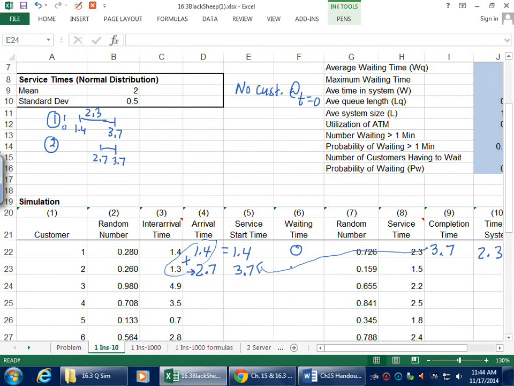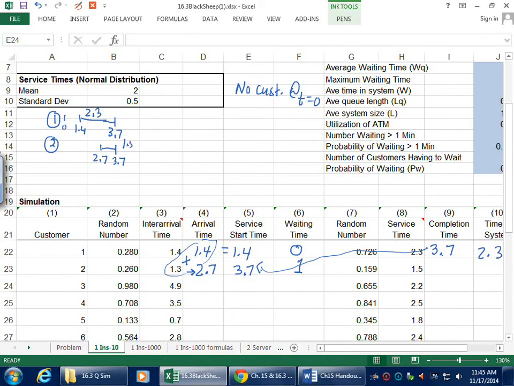Now how long does the scarf have to wait? 1 minute. And then starting service at time 3.7, how long does it take? 1.5 minutes.